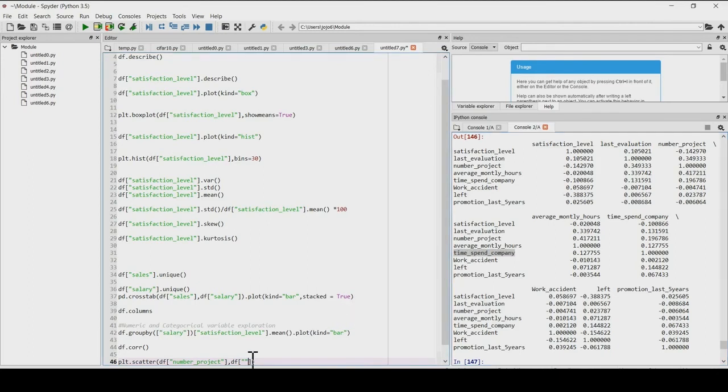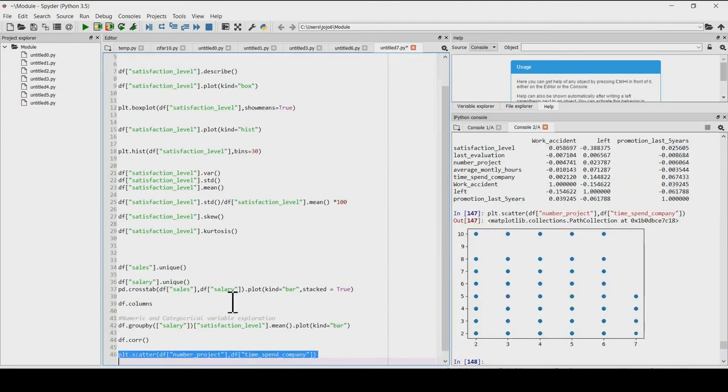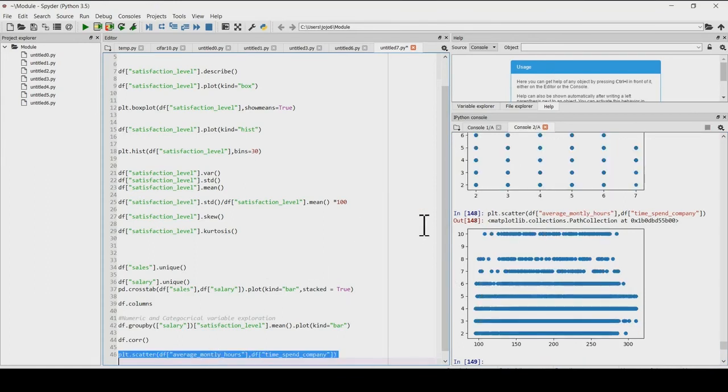Now if I look over here, I simply plot, and I don't see any interesting results. This just doesn't make any sense. Let's try a different variable. Let's say number of projects and average monthly hours. Do we have a relationship over there? Not really. We don't really see anything interesting over here.